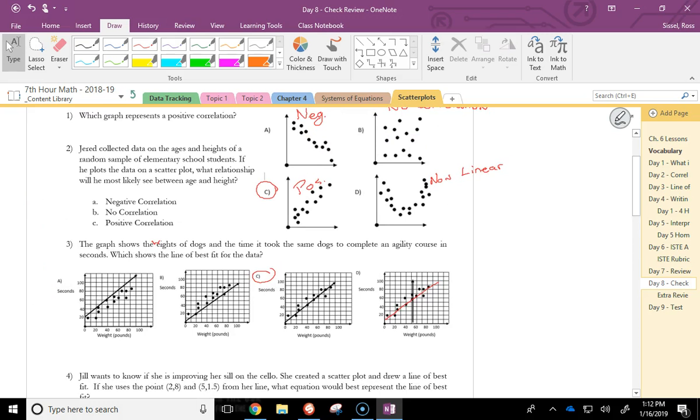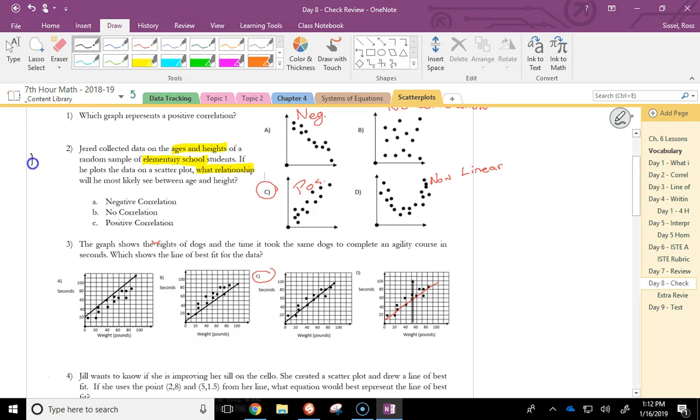Said Jared collected data on the ages and heights of a random sample of elementary school students. If he plots the data on a scatter plot, what relationship would he most likely see between age and height?